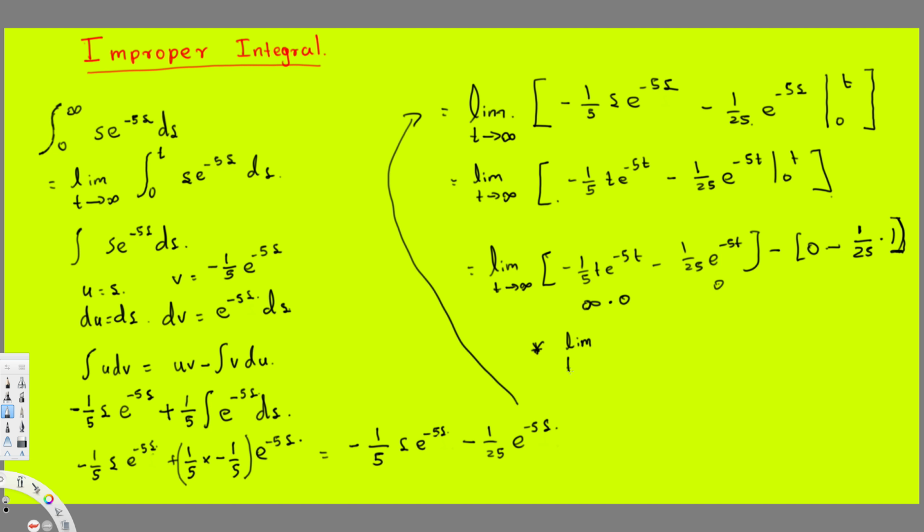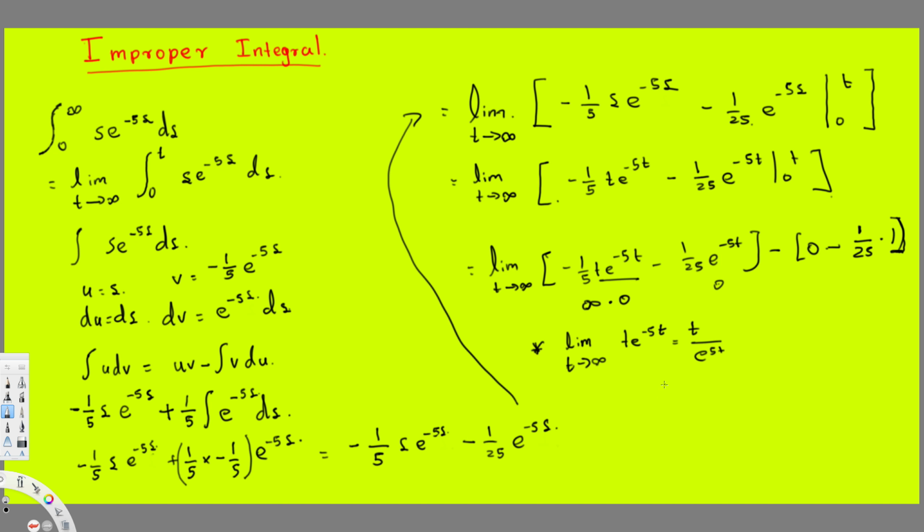Limit t approaches infinity. I am taking only this part right here, t e minus 5t, and I have to bring it to the format infinity over infinity, so I can rearrange this as t over e power 5t. So this is now in infinity over infinity format.